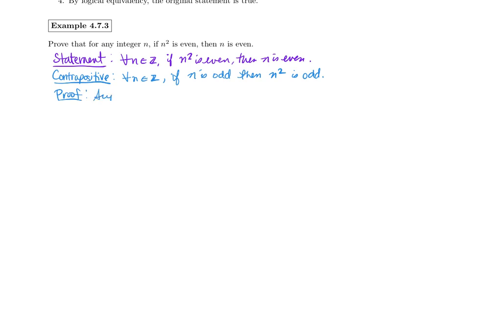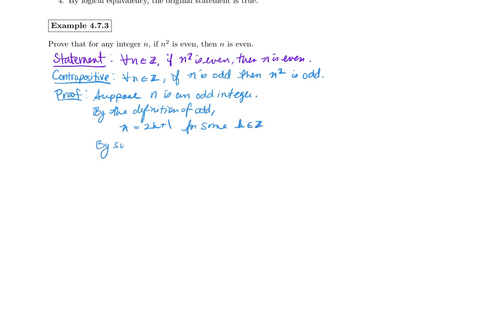So we're going to suppose n is an odd integer. Then we know that by the definition of odd, n is equal to 2k plus 1 for some integer k, so for some k in the set of integers.